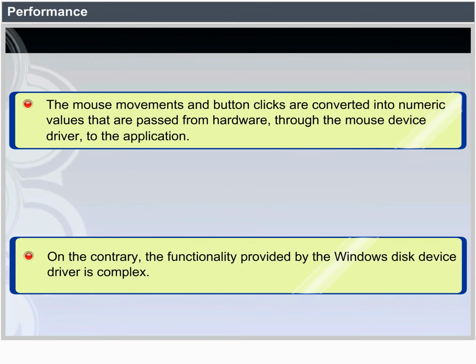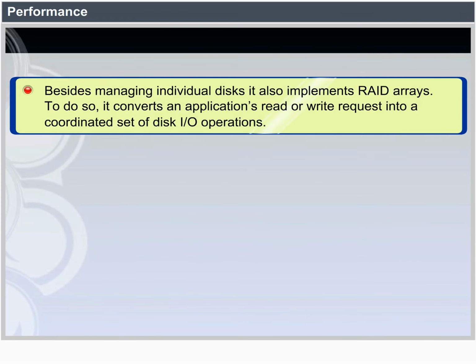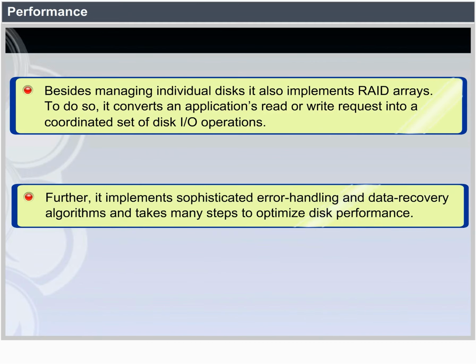It not only manages individual disks but also implements RAID arrays. To do so, it converts an application's read or write request into a coordinated set of disk input-output operations. Moreover, it implements sophisticated error handling and data recovery algorithms and takes many steps to optimize disk performance.